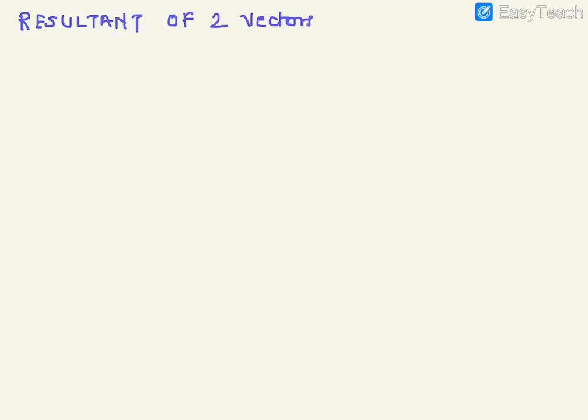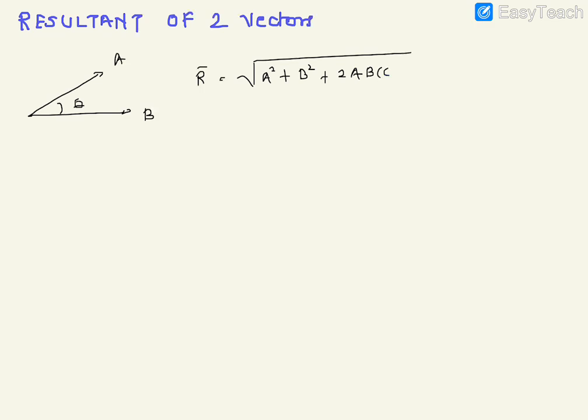Now the next topic that we will deal with is the resultant of vectors. Let's say we have two vectors a, b with angle theta between them, and using vector addition, the resultant that we have is square root of a square plus b square plus 2ab cos theta.